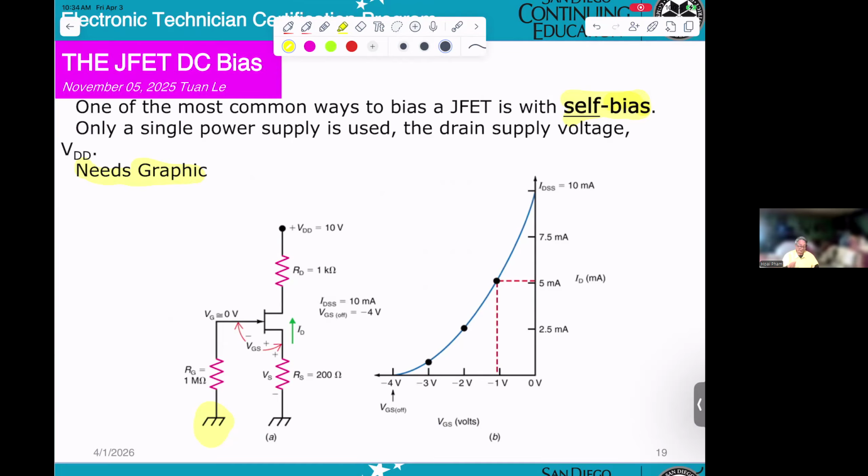If you move on to engineering, you will need the graph. However, not for technicians.